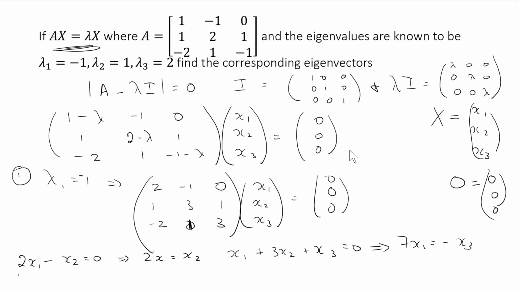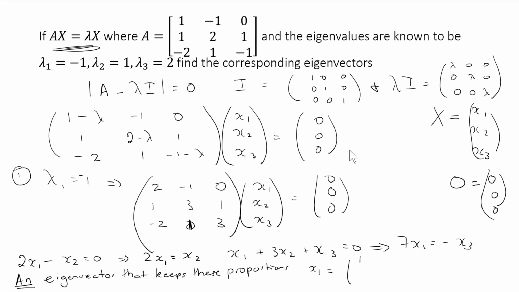Now, an eigenvector that keeps these proportions is going to be x1 could be, starting off with 1, and then x2 has to be twice that.